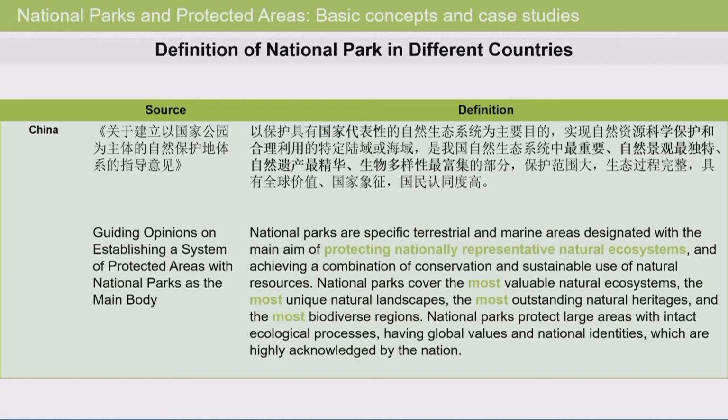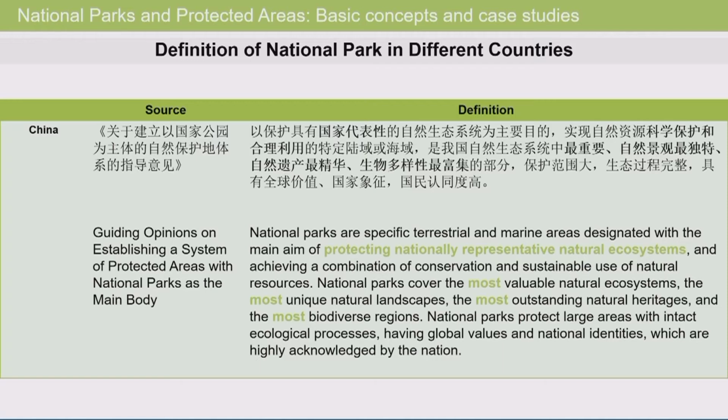National parks cover the most valuable natural ecosystems, the most unique natural landscapes, the most outstanding natural heritages, and the most biodiverse regions. National parks protect large areas with intact ecological processes, having global values and national identities, which are highly acknowledged by the nation.